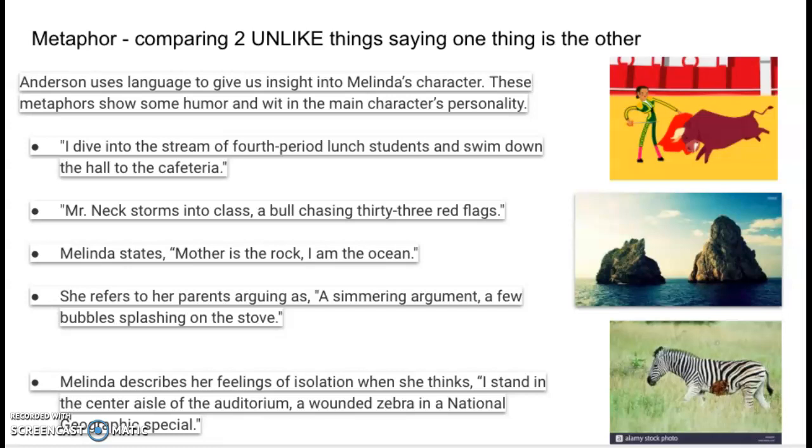In the next example, Melinda states, "Mother is the rock, I am the ocean." In this metaphor, mother is the rock, she sees her mother as the solid force. Rocks are usually symbols of something that ground people and ideas. Melinda, though, sees herself in this metaphor as the ocean. She sees herself as vast and moving, maybe unknown and expansive, yet forceful and forever.